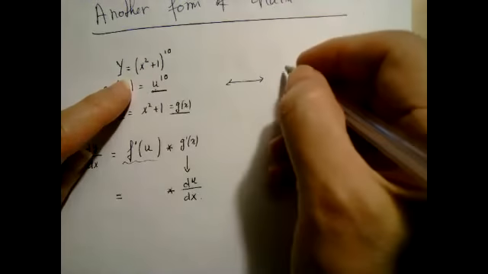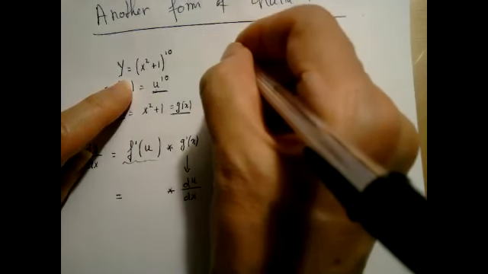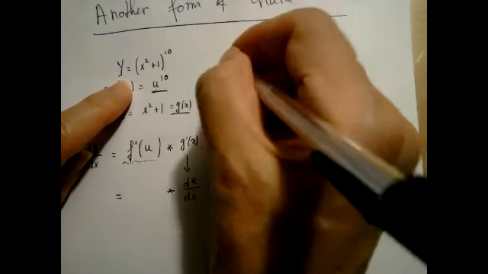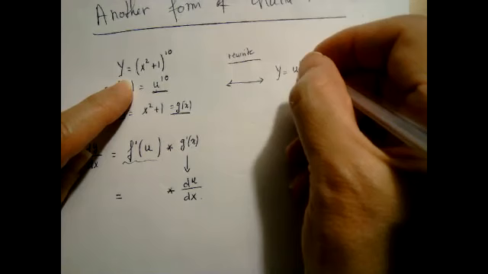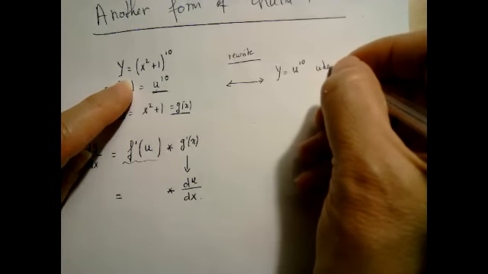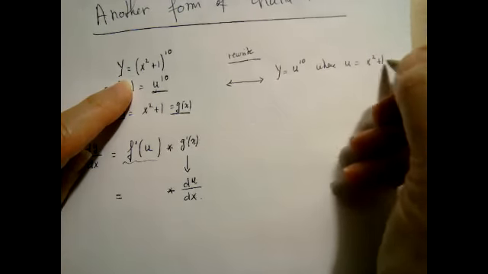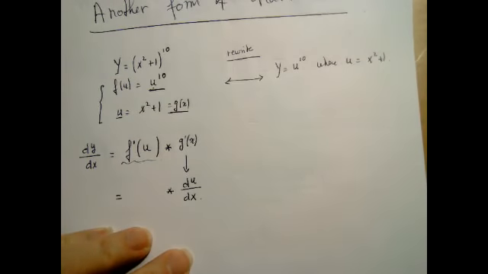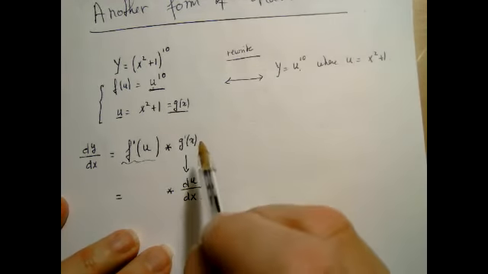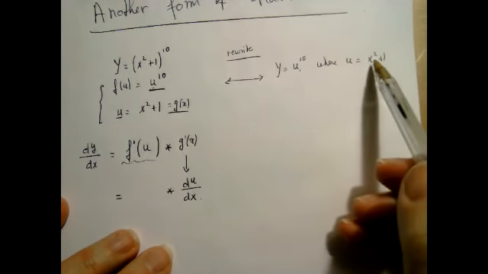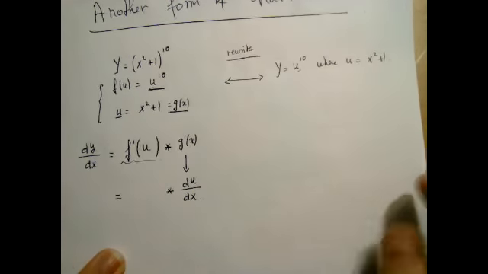y equal x squared plus 1 to the 10 can be rewritten as y equal u to the 10, where u is x squared plus 1. When I put u back here, I'm going to have x squared plus 1.